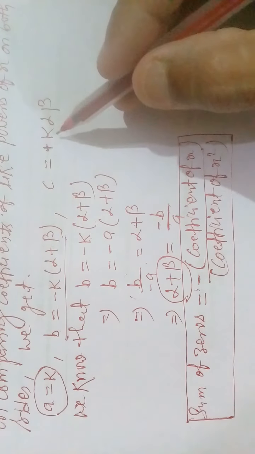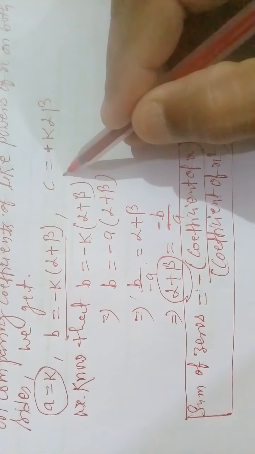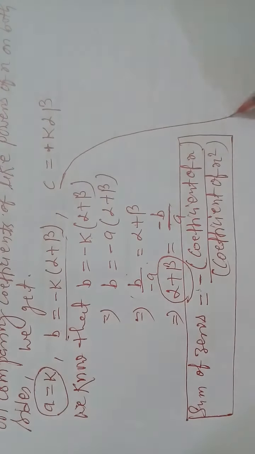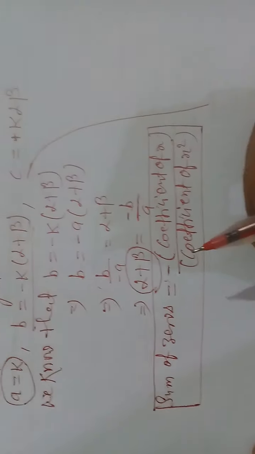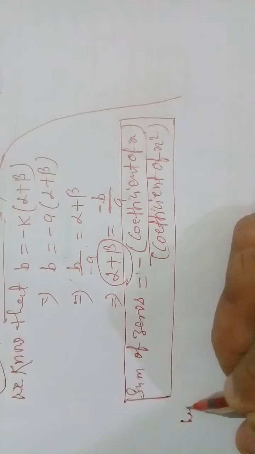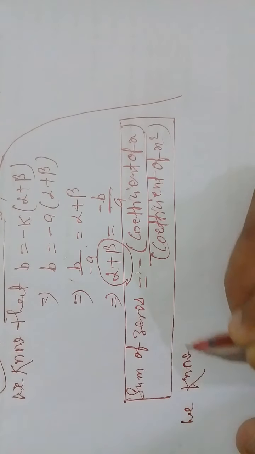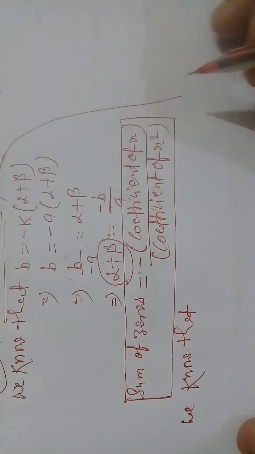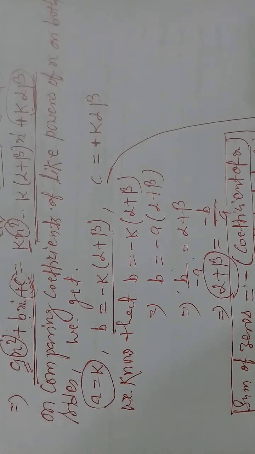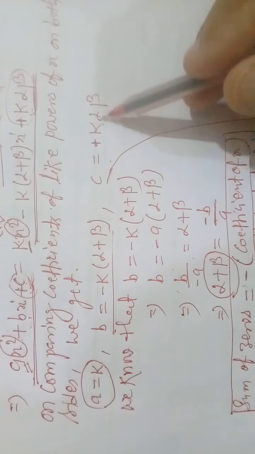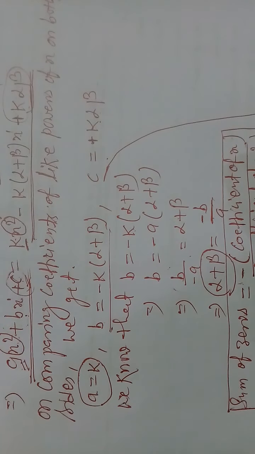Now we put the value of k in this condition. We know that c is equal to k alpha beta.